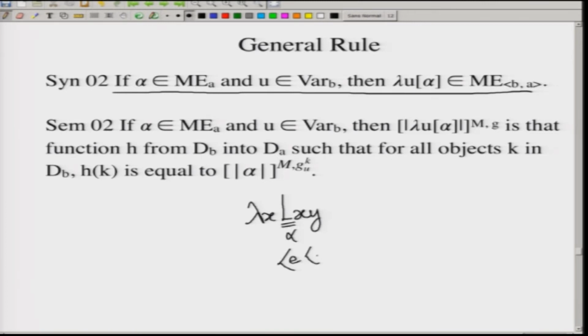It is E to E to T, right? And then x is E. So E is our B, and E to E to T is our A, right? So then this thing will be of the type B to A, which means E to E to E to T. We shall see that.